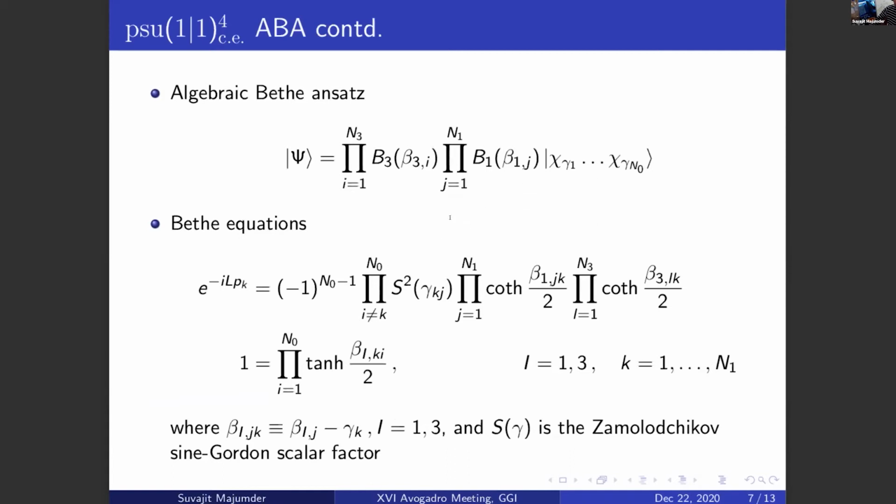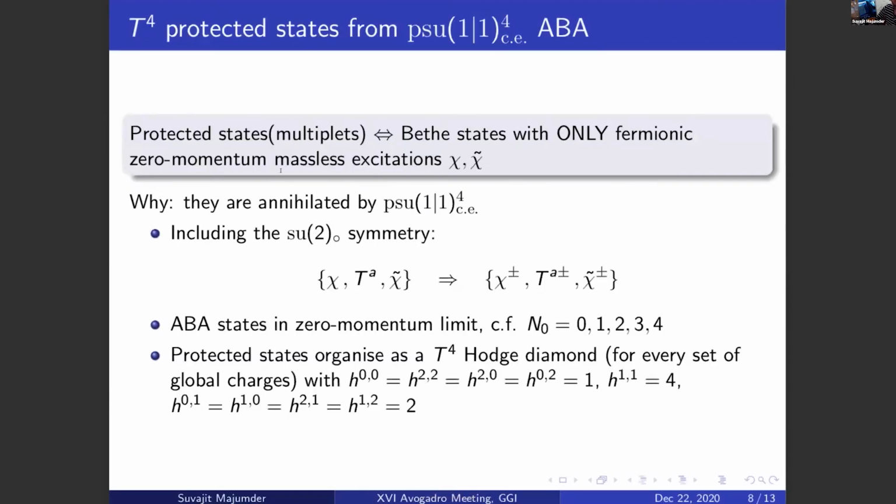With this Bethe state, if we impose certain algebraic conditions on the parameters sitting inside the B operators, this state turns out to be an eigenstate of the transfer matrix. And this exhausts all the eigenstates that one gets from brute-force diagonalization of the transfer matrix. So that was the algebraic Bethe-Ansatz setup.